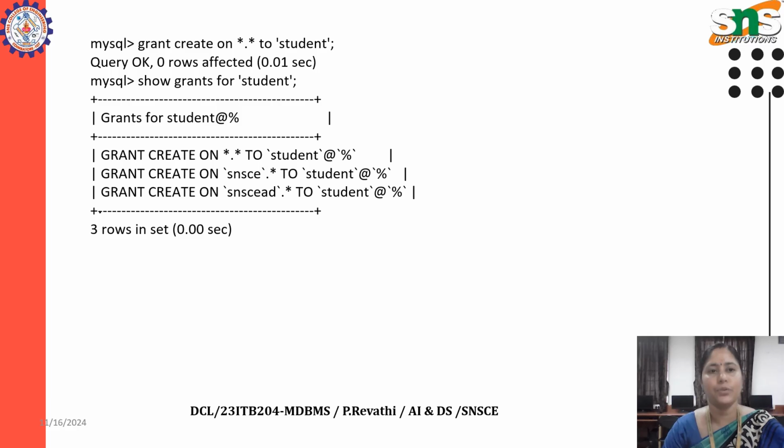It helps to view what permissions a user has, which is useful for managing access control and troubleshooting. Here we are displaying the grants using show grants command for the student.